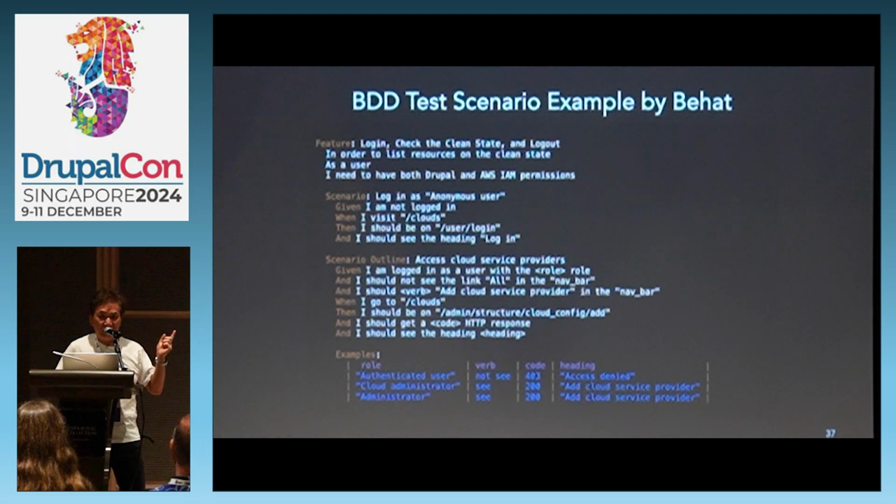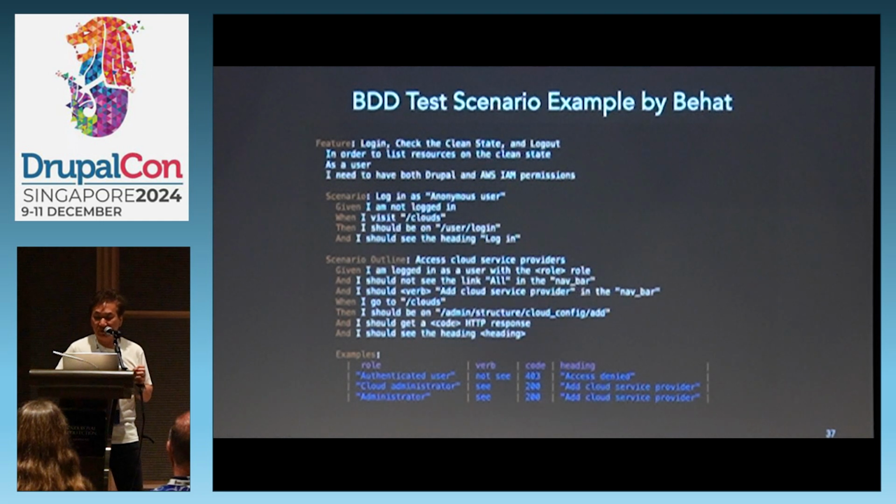We can read and understand the test scenario because it is written in our English language, not programming code. The point is, once we write the test scenario in our natural language, like English, Behat runs the scenario as written in the code. This is the beauty of BDD.